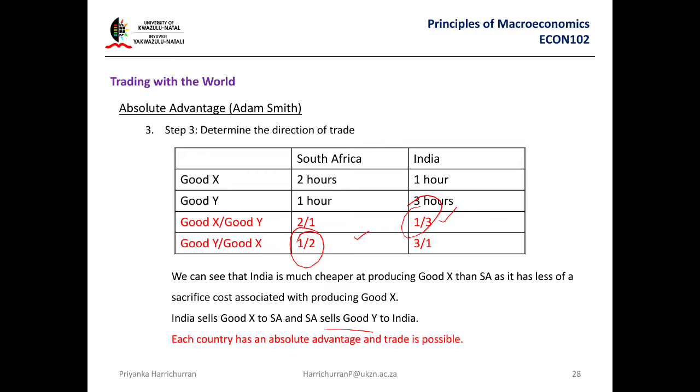So India must sell good X. We calculate this to basically say who must sell to who. So if South Africa is smaller in good Y, they should sell it to India. That's basically it, right?